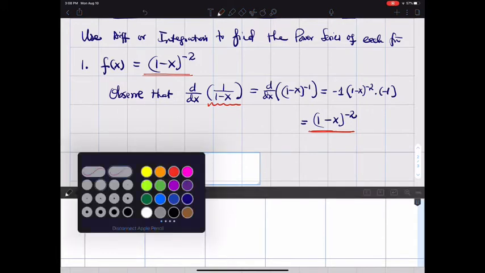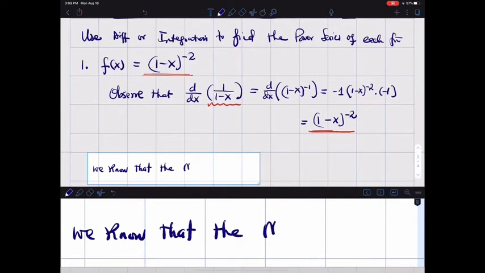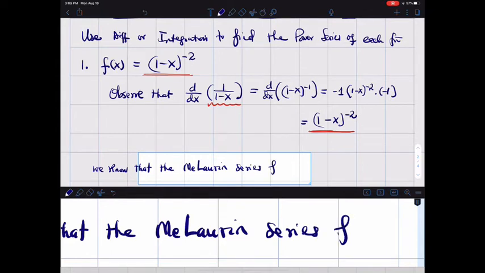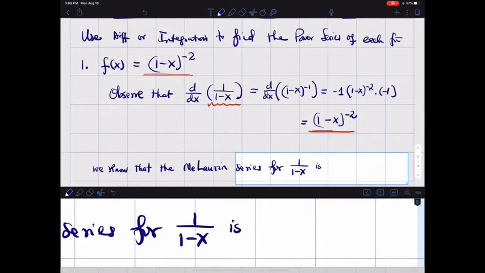But there's one thing in particular we know. We know that the Maclaurin series for 1 over 1 minus x is the summation of x to the power of k from 0 to infinity.